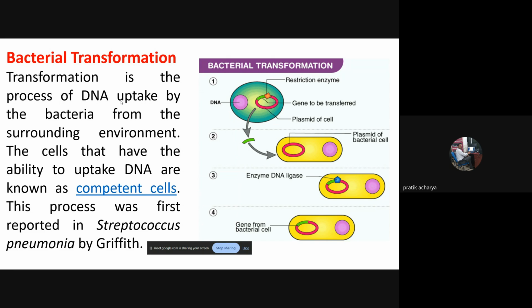So, what was the experiment provided by Griffith? He injected S strain and R strain into mice. Okay, I'm just explaining this in a very simple version, due to the short span of time, just a quick glance analysis of the Griffith experiment.